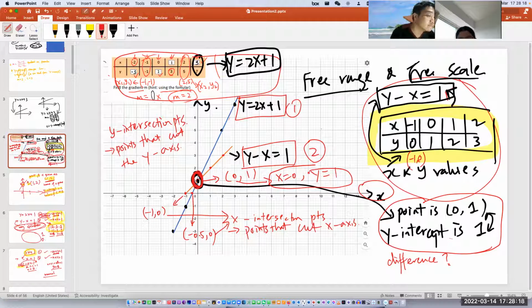I show you how you solve equations 1 and 2 together using the calculator first. I show you how you can use the manual method to solve equations 1 and 2. And now I come back to the graph and show you the intersection point of these two equations or functions is x is equal to 0, y is equal to 1. What's the conclusion?